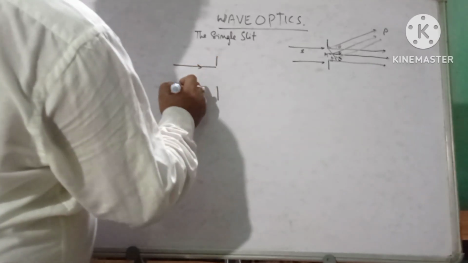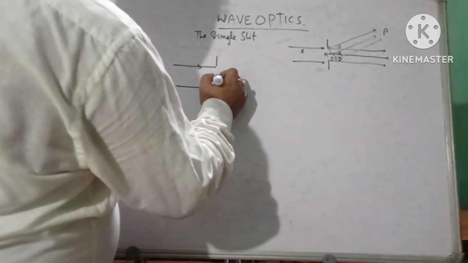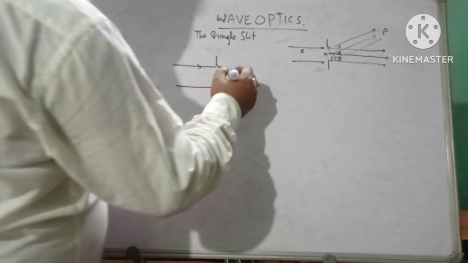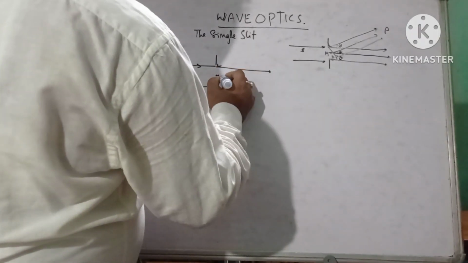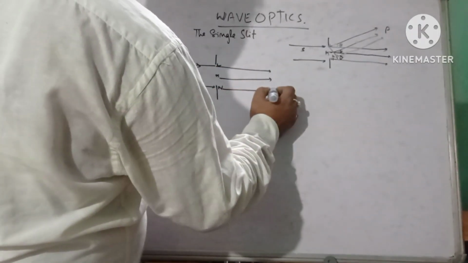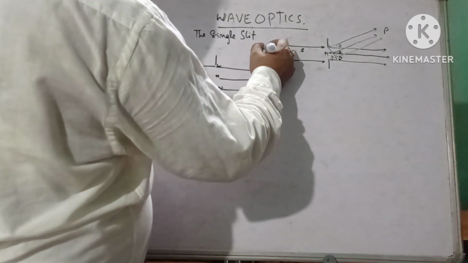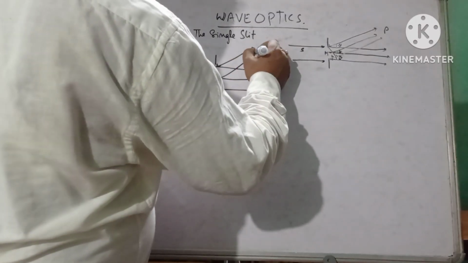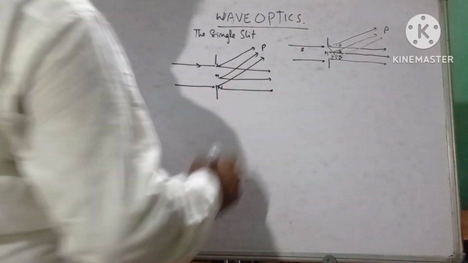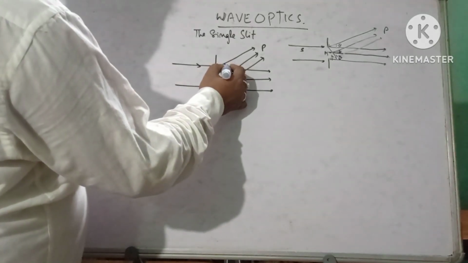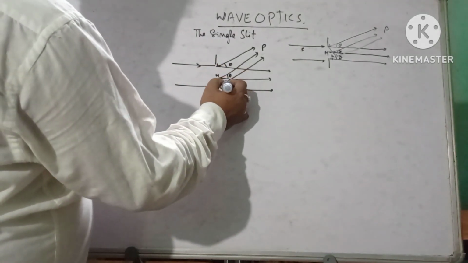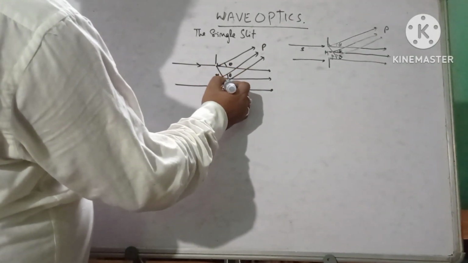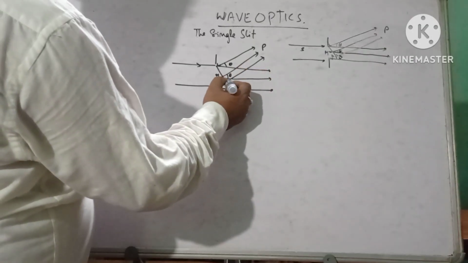This is M, this is L, and this is N. These are all ray diagrams, straight lines, and this is the point of observation P. All these lines to P are parallel, each making angle theta. Now I am drawing a perpendicular from L to this line. Let this be Q.